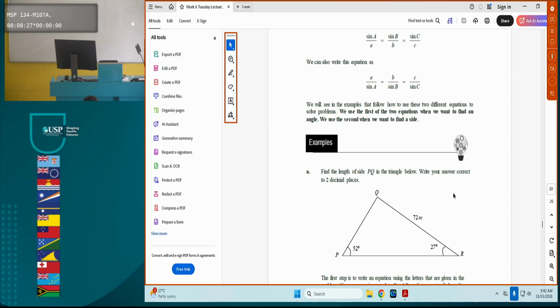We said this is angle P, side P. Angle Q, side Q. Angle R, side R. So side PQ is in actual fact side R.